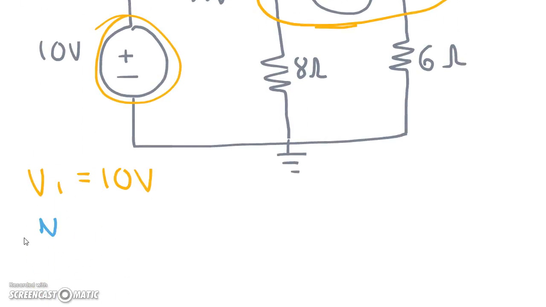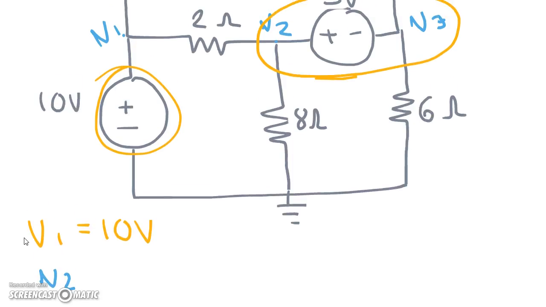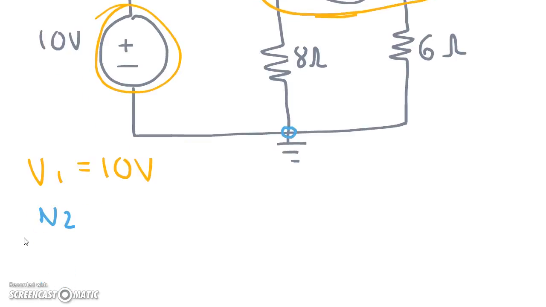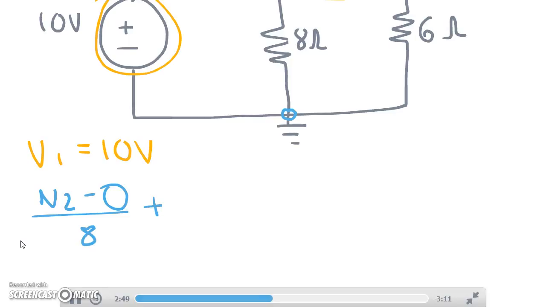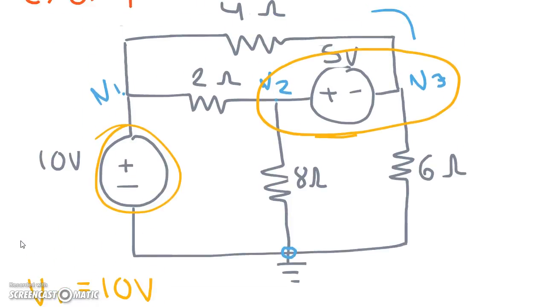So we have N2 minus 0 divided by 8 plus. Let's remember that when we want to get an equation, we use this little rule: it's the node we are departing from minus the node we are getting to, divided by the resistance.